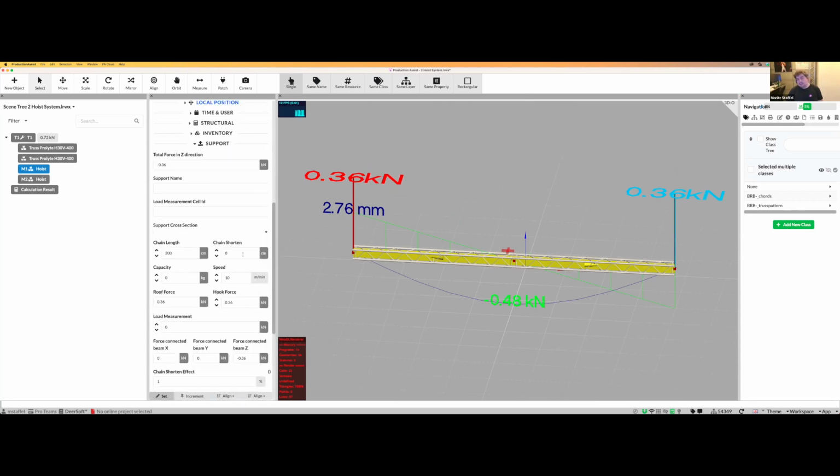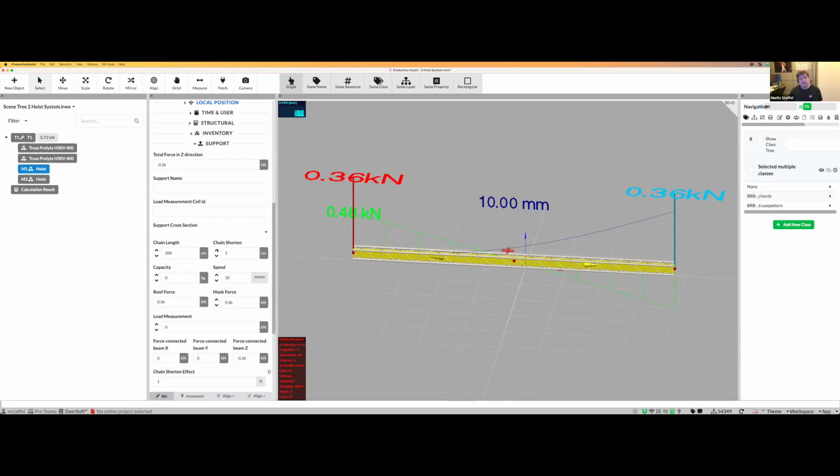The chain shorten is a value that tells you how much the chain is moved up or down in the calculations. This is an option to look at an unleveled truss and what kind of impact it has.